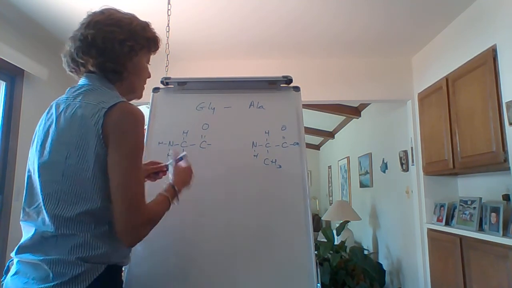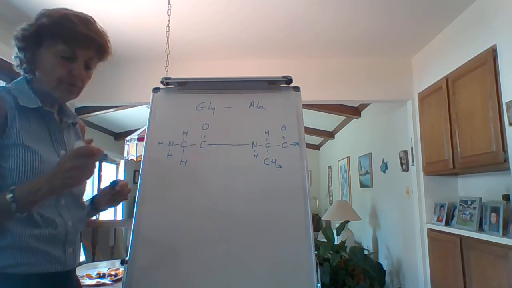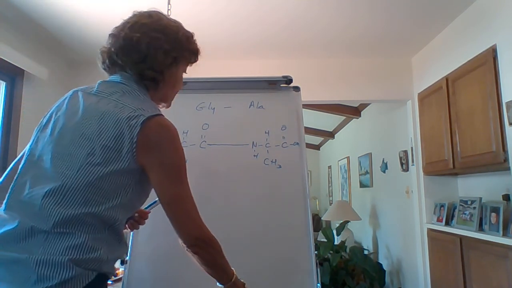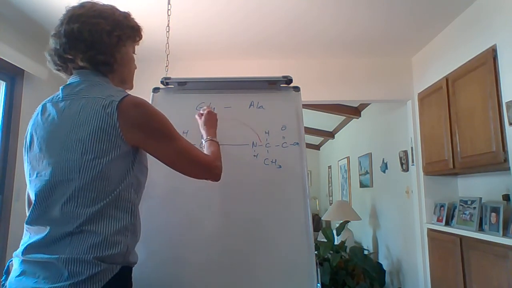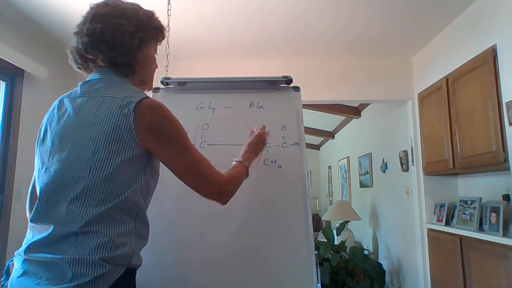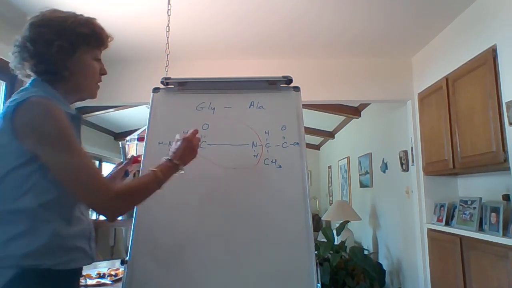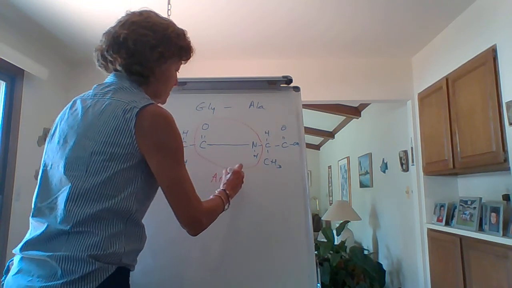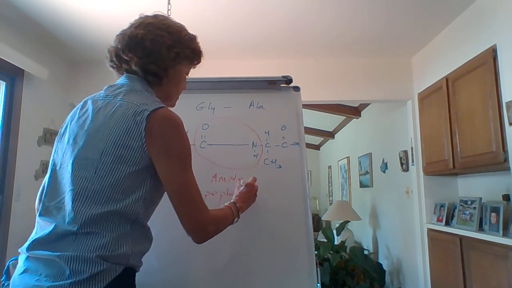There we go. And create a peptide bond. So this over here, peptide bond, carbonyl, and it is an amide functional group or a peptide bond.